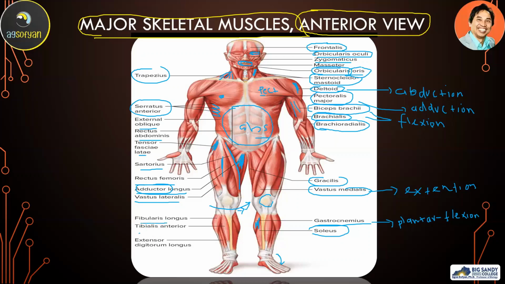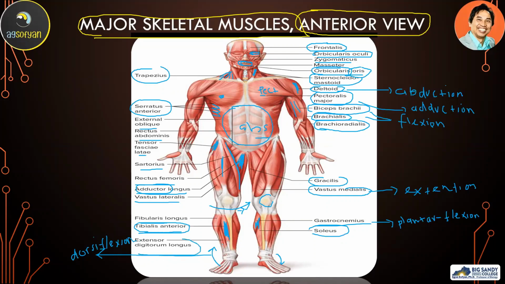Fibularis longus, tibialis anterior, these are the muscles in the front of our legs. And if we contract this muscle, it will lift the foot. And this is what we call dorsiflexion. So dorsiflexion is performed by contraction of the tibialis anterior muscle.